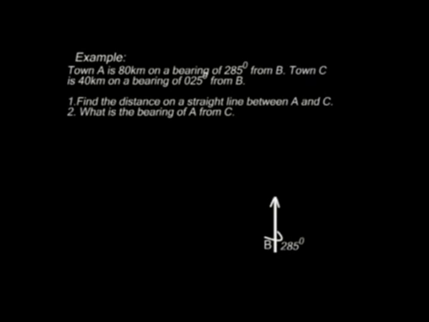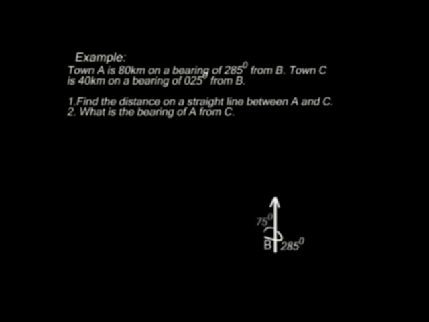If from the north turning clockwise, we will have to go 285, and a complete turn is 360 degrees, it means if I move in the anti-clockwise direction, I will find the same line after deflecting 75 degrees. Why? Because 360 minus 285 is 75 degrees.